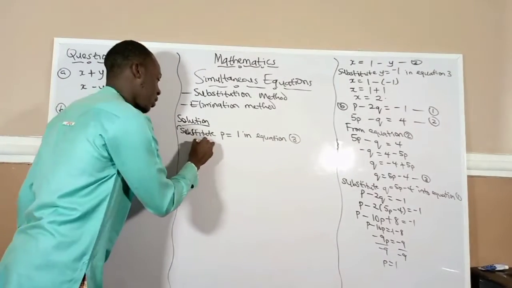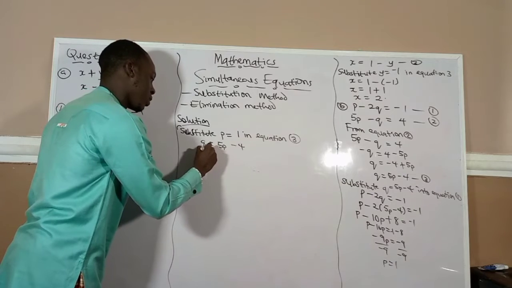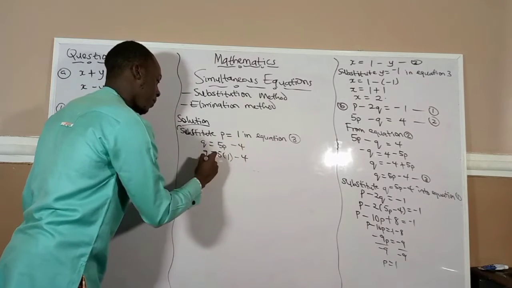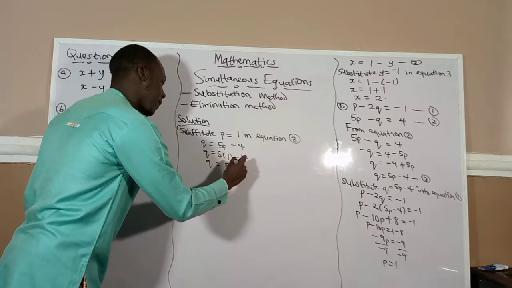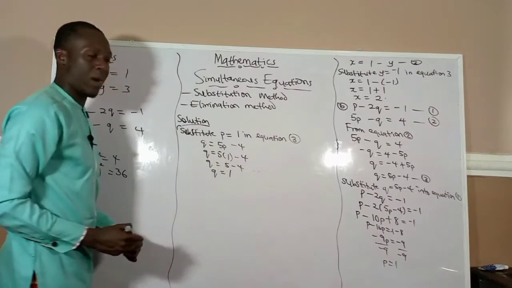And don't forget, q is equals to 5p minus 4. When p is equals to 1, q is equals to 5 into brackets 1 minus 4. Then q is equals to 5 minus 4. And we can kindly get q to be equals to 1.